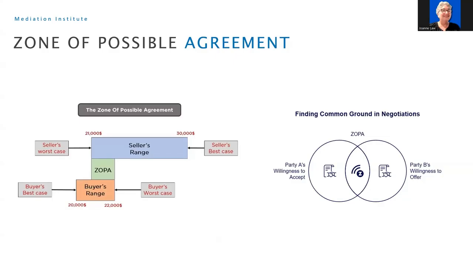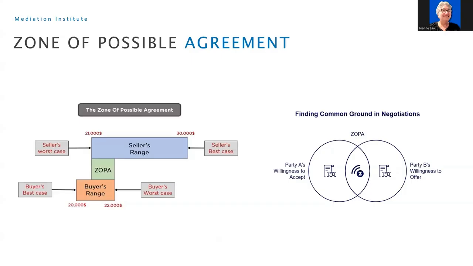So technically, with the zone of possible agreement, the worst case, the minimum that a seller's willing to accept, is on one end. Their best case, that they hope they could possibly get, is on the other. In the case of the buyer, that's the person that's putting a proposal, they've got a range that they're willing to pay, and the zone of possible agreement is somewhere in there. If you're looking at a compromise, somewhere in between there is probably going to work.